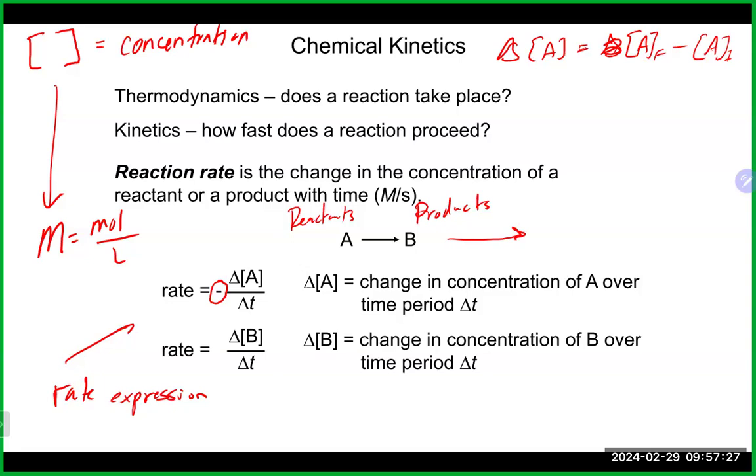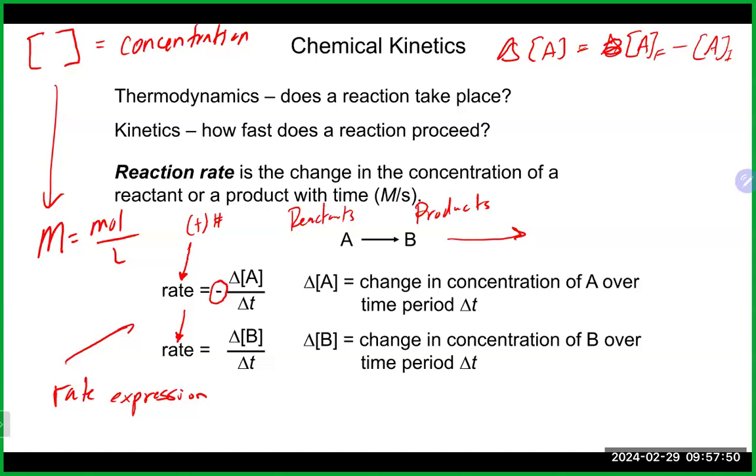So if we just think about this logically here, one important thing is that the rate should technically always be a positive number. So that rate that you get for a reaction is typically a positive number.